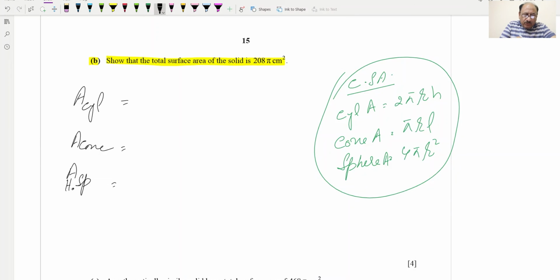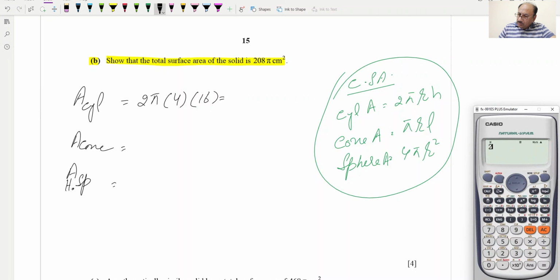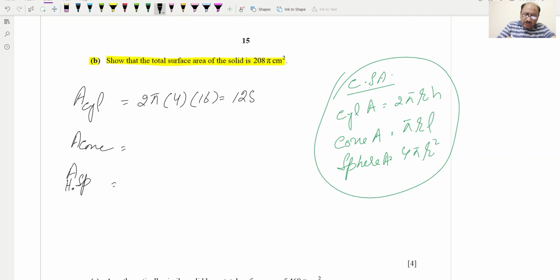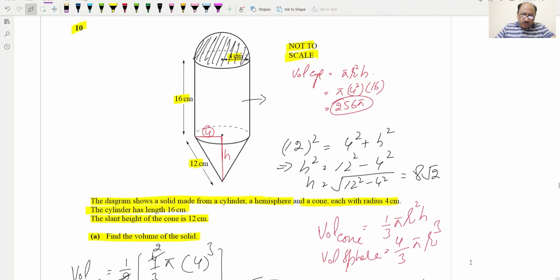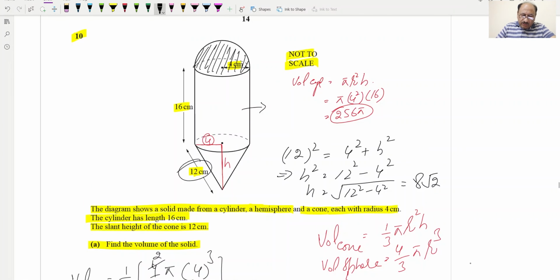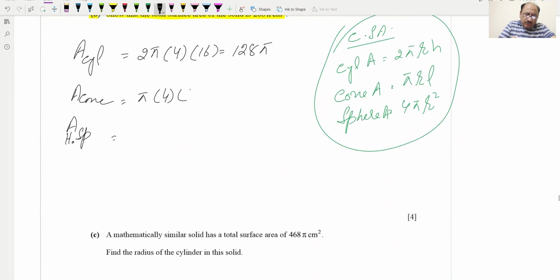This will be 2 pi r h, so 2 pi into r into h, which is 16, and this will be equal to 2 into 4 into 16, which is 128, so 128 pi. And then the second one, area of the cone, pi r l, so pi into r will be 4, and l is basically the slanting height, which is 12, so it will be 48 pi.